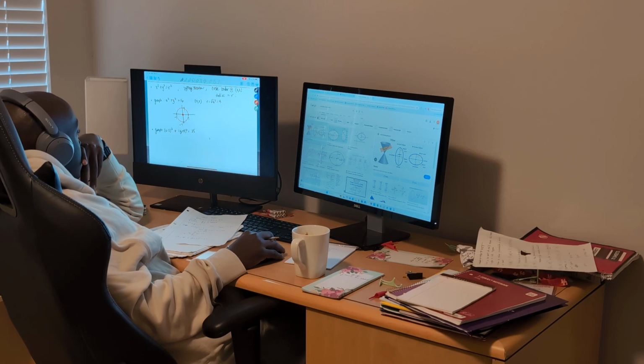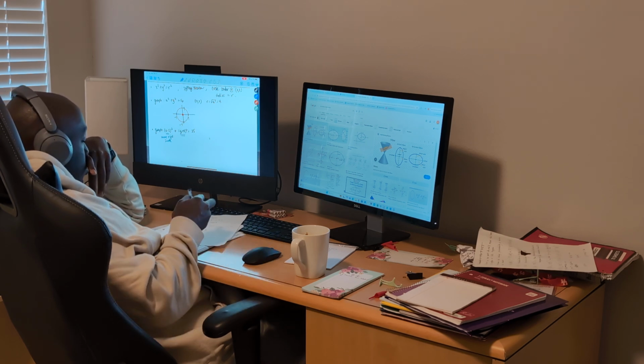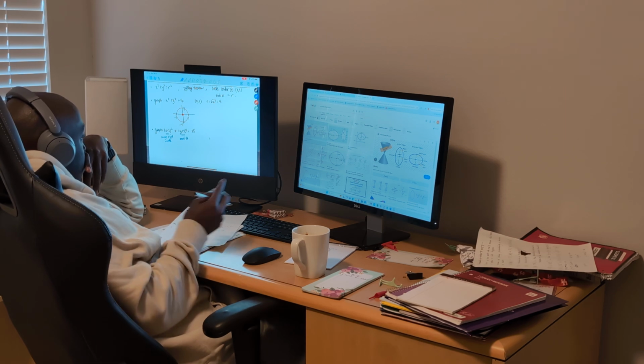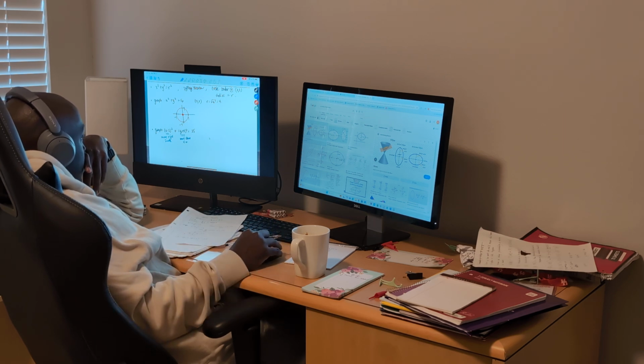With what we know about translations, this is going to move right 2 units, and this piece will make us move down 4 units.